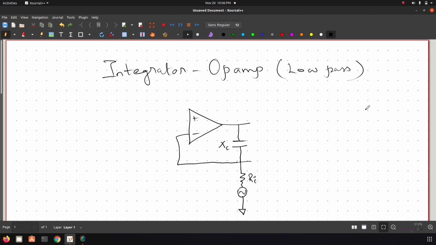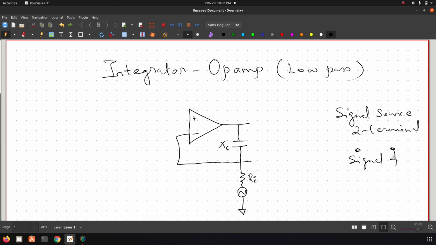Usually a signal source has two terminals, and in one terminal it gives the signal, with respect to ground. Therefore one signal terminal is fed into the input resistor Ri, and the other terminal is grounded.